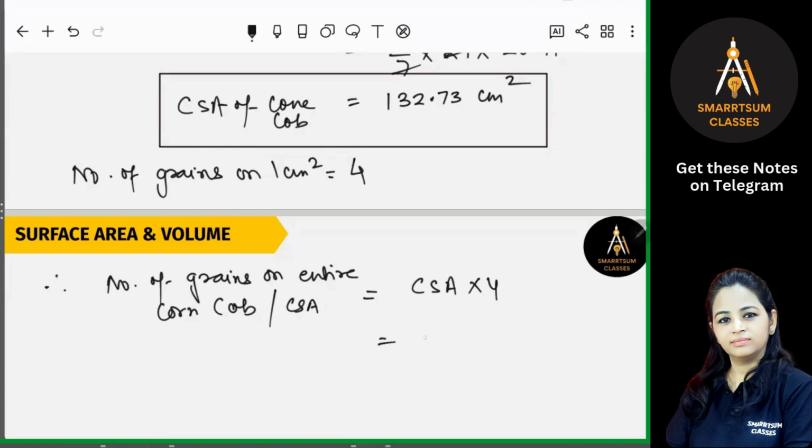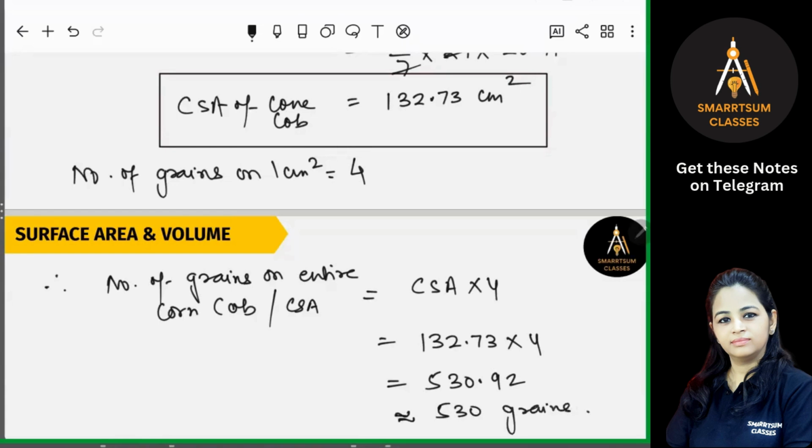You have to multiply that. So 132.73 into 4. Is that clear? Which is 530.92, or you can say approximately 530 grains.